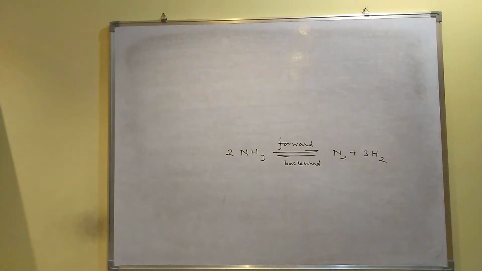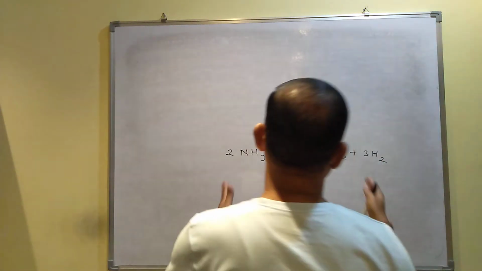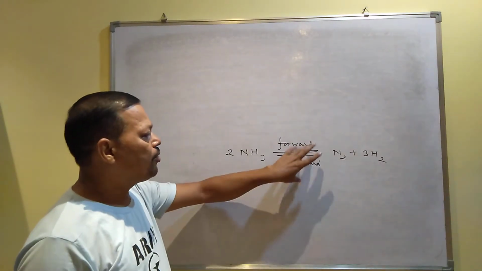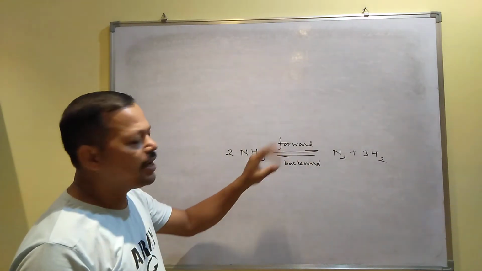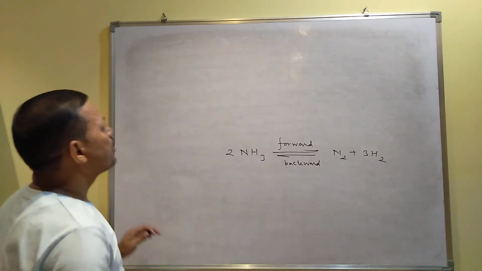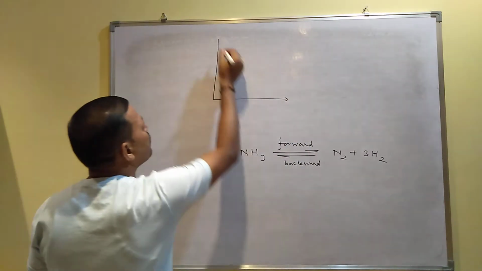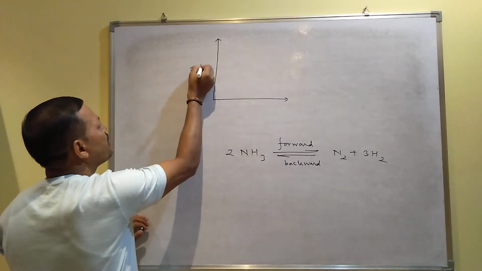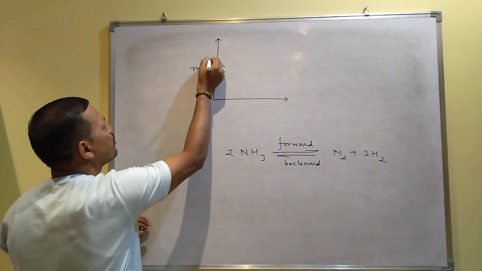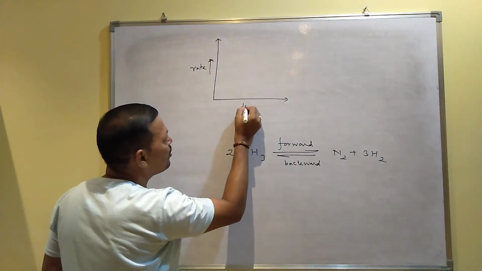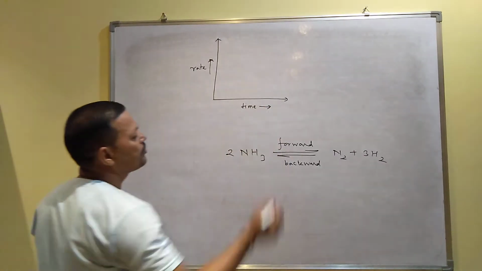Okay, now, so this is one example of a reversible reaction, and when the rate of the forward reaction becomes equal to the rate of the backward reaction, then it is said to be at equilibrium. So if you want to plot this side rate of the reaction and this side time.